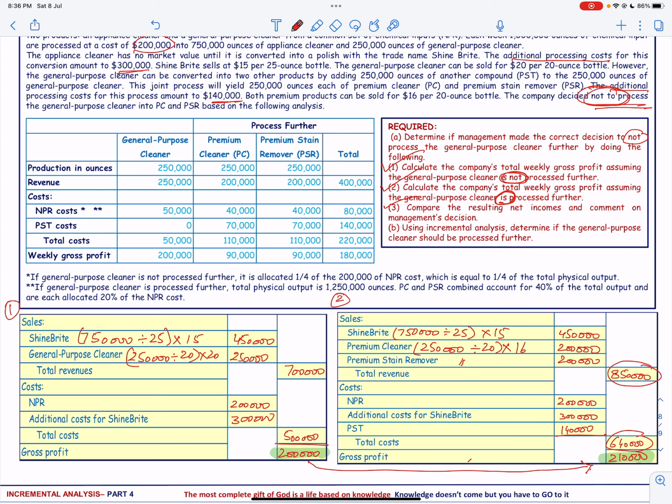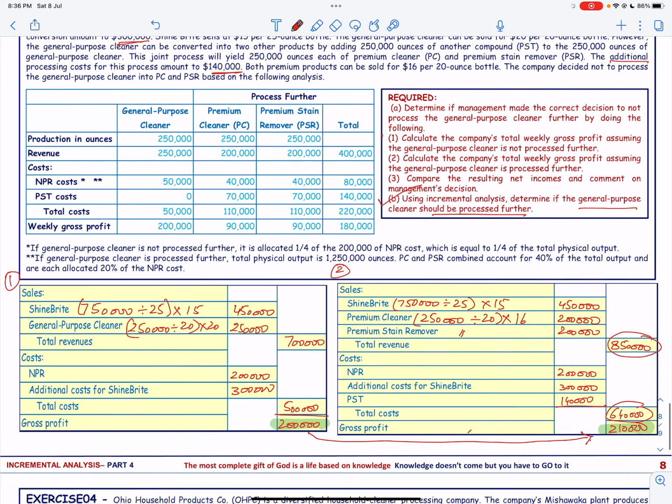Okay, then we move on to part B, and we'll be looking into it on the next slide. Using incremental analysis, determine if the general purpose cleaner should be processed further.